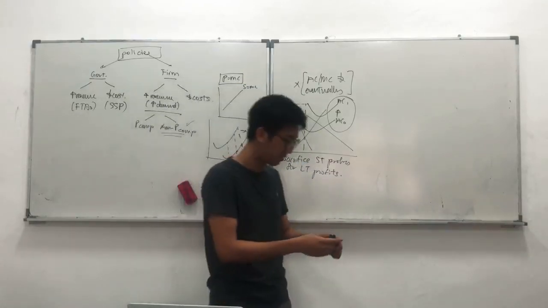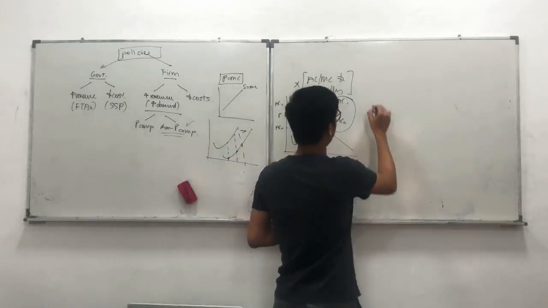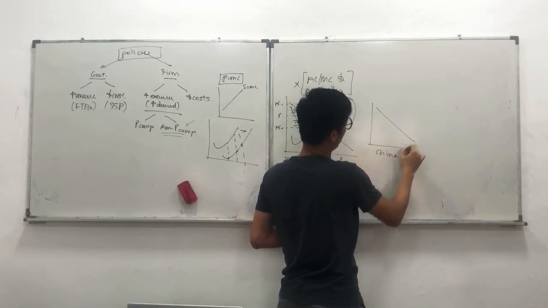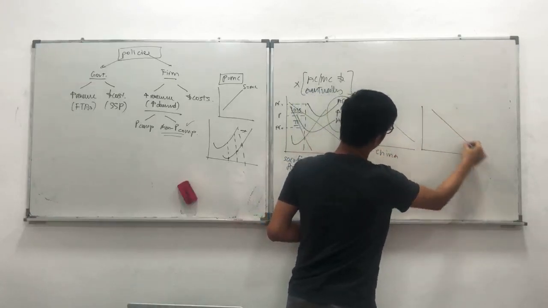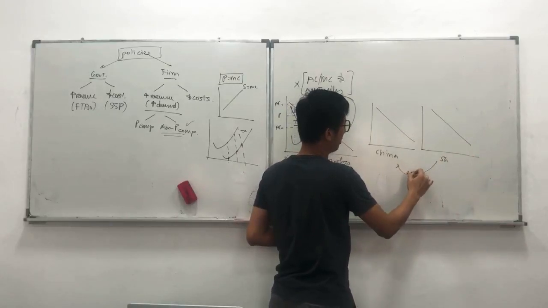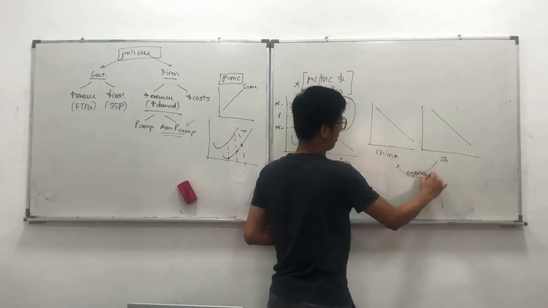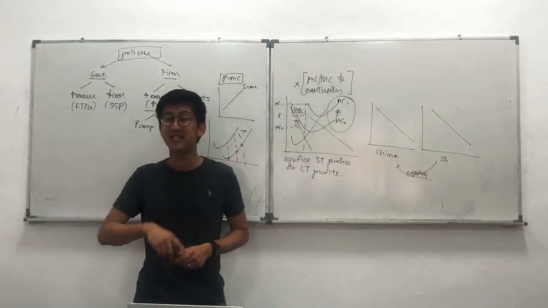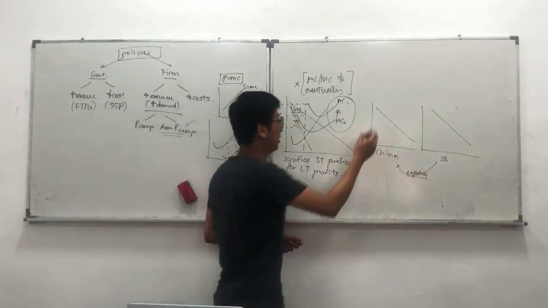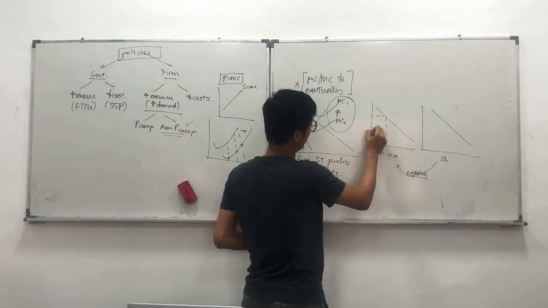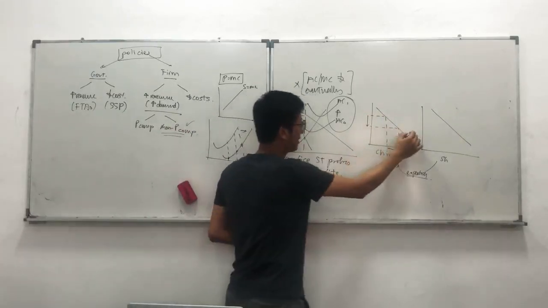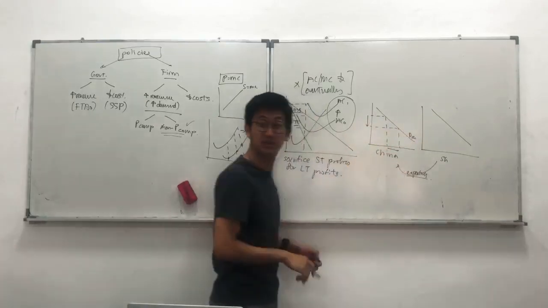Now, let me clarify something to you. So what's going on, right, is actually like that. Okay? Let's say we are exporting to China. If China cuts tariffs because we sign FTA with them, price in China falls. As in, with this being demand for Singapore goods and services.